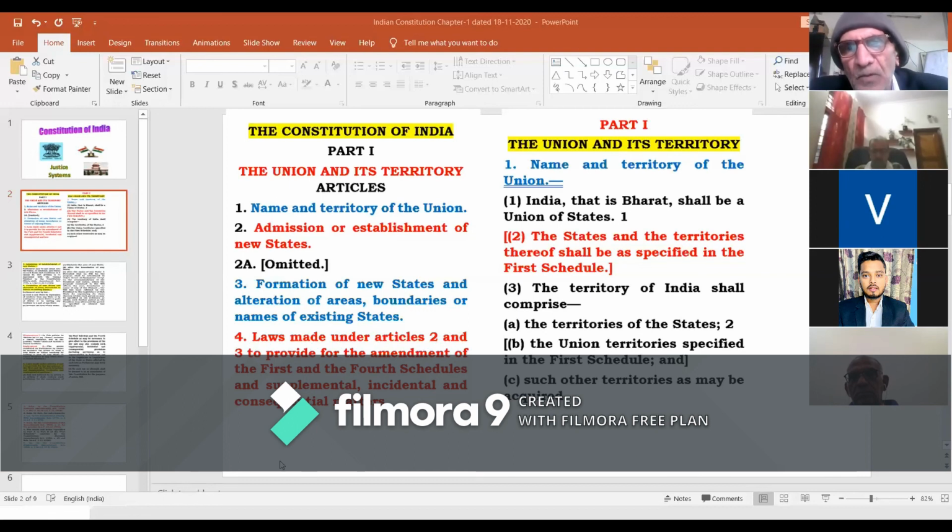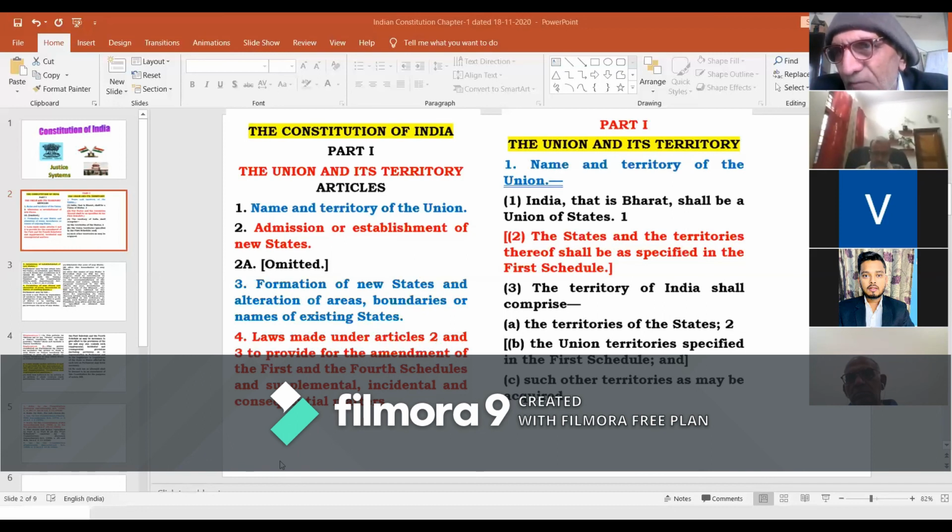Therefore, today we have a pause here at article 1 itself. Let us visit the first schedule. Let us visit the map of India. Let us visit the changes, transformations by having formations of new states, reorganization of states.